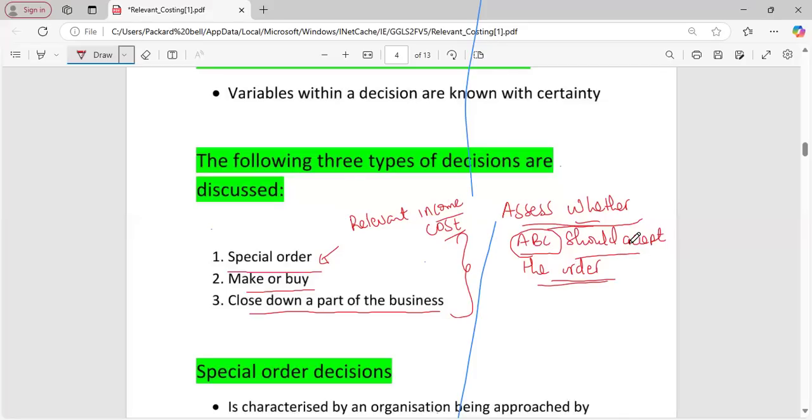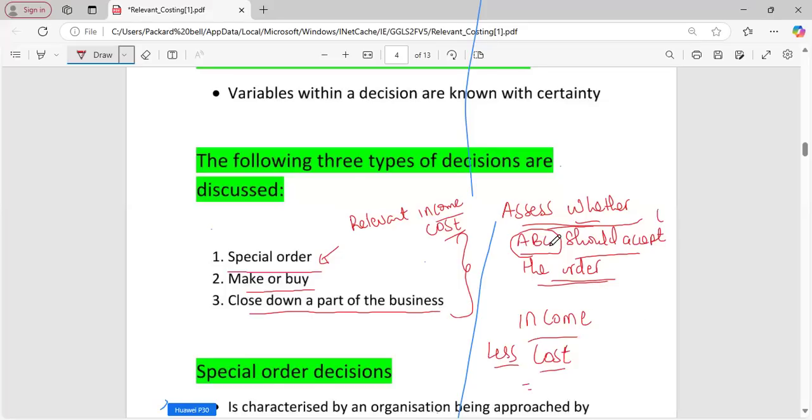You cannot assess without calculations here. So you calculate the relevant income in the special order, then the relevant cost in the special order. If the relevant income is greater than the relevant cost, then you conclude by saying ABC should accept the order because it's going to increase the revenue for the organization.